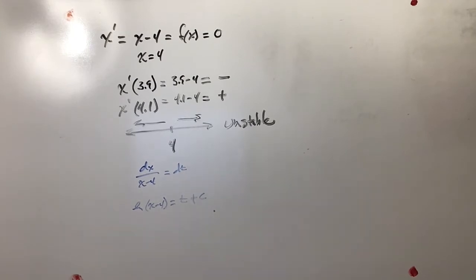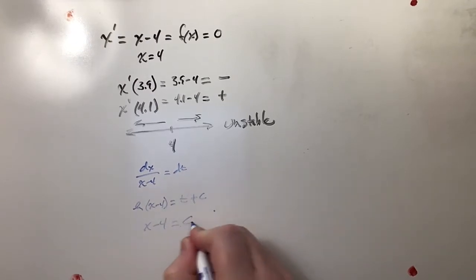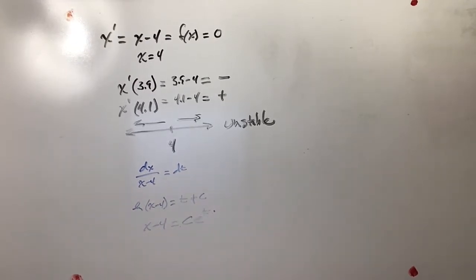Or taking the exponential of each side, that x minus 4 is actually equal to c e to the t. And of course, that's going to result in that x is equal to c e to the t plus 4.